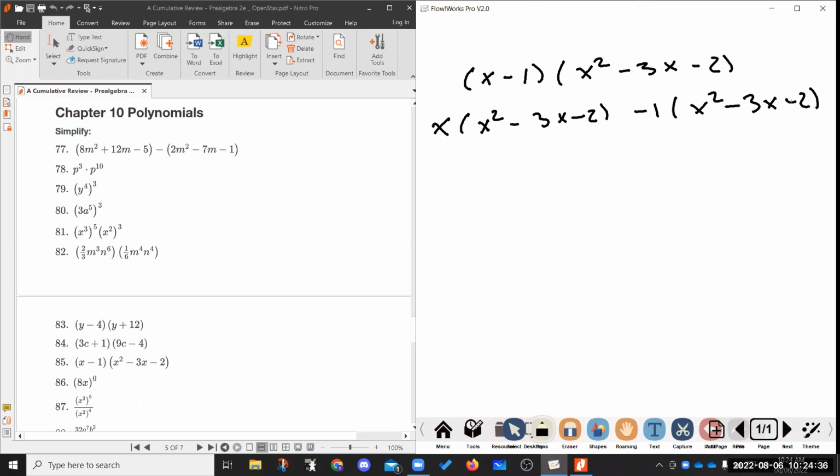You may have learned the rainbow method, as your teachers may have called it in school, where we're just going to distribute over everything on the inside.